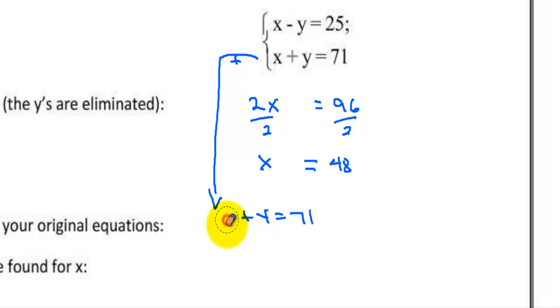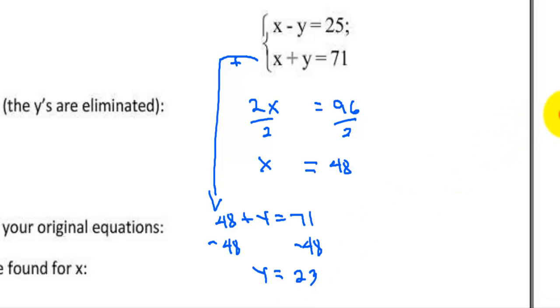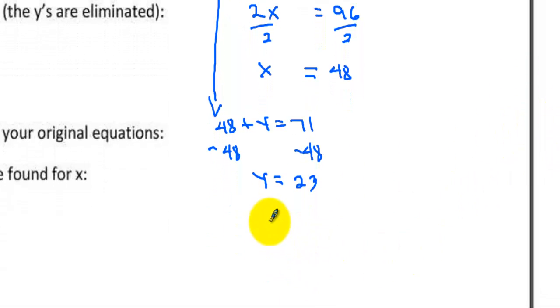So I'll replace this by 48. Subtract 48 both sides. I will have y equals 71 minus 48, which is actually equal to 23. So there we go. We already have the value for the y.